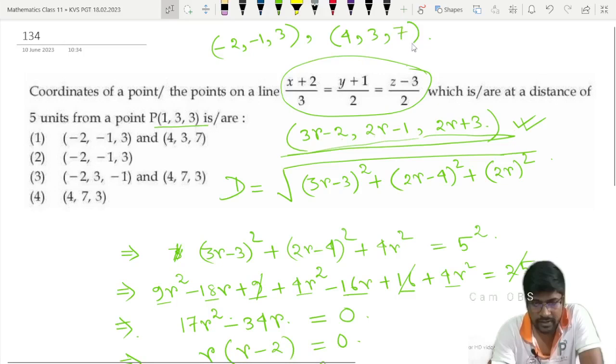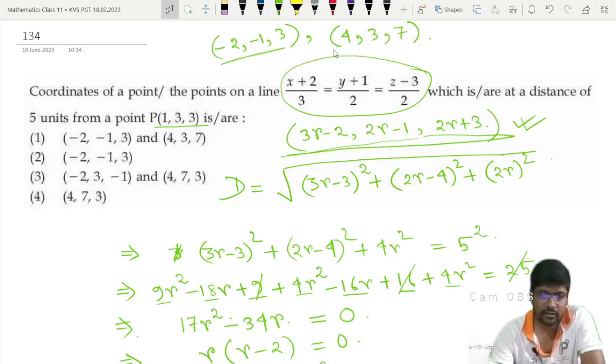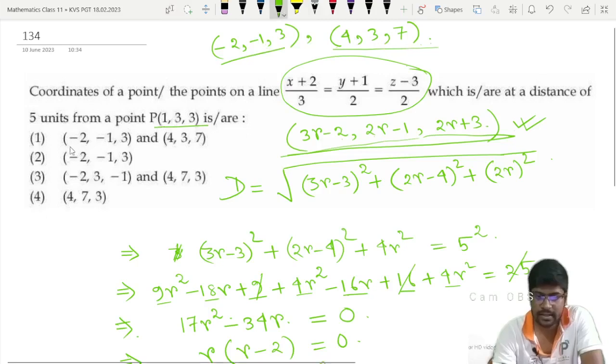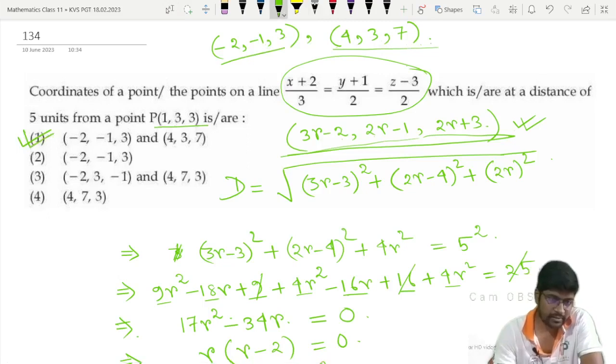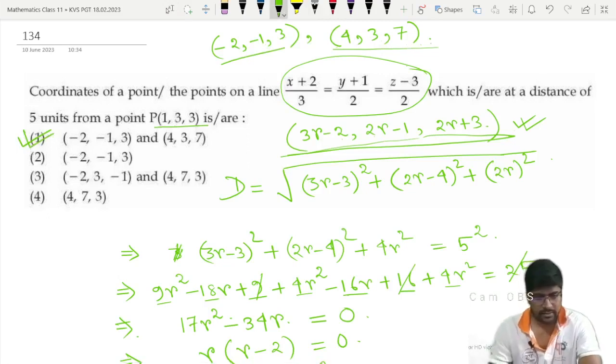So these are the required 2 points: minus 2, comma minus 1, comma 3, and 4, comma 3, comma 7. Now look at the options. Which option will be correct? Option 1 is the correct answer here. Hope it is clear to everyone.